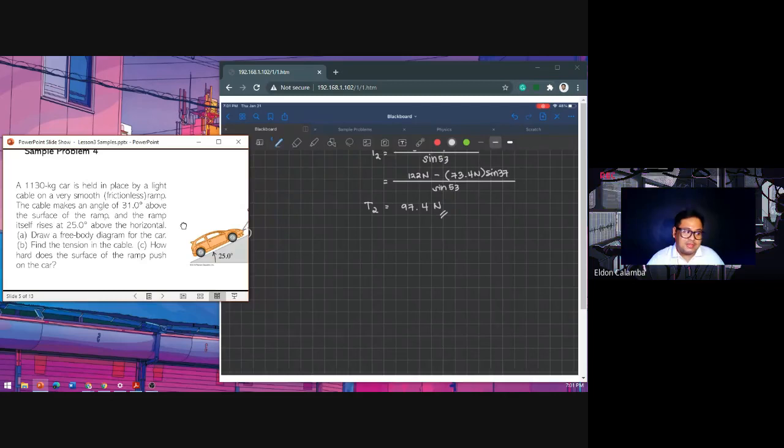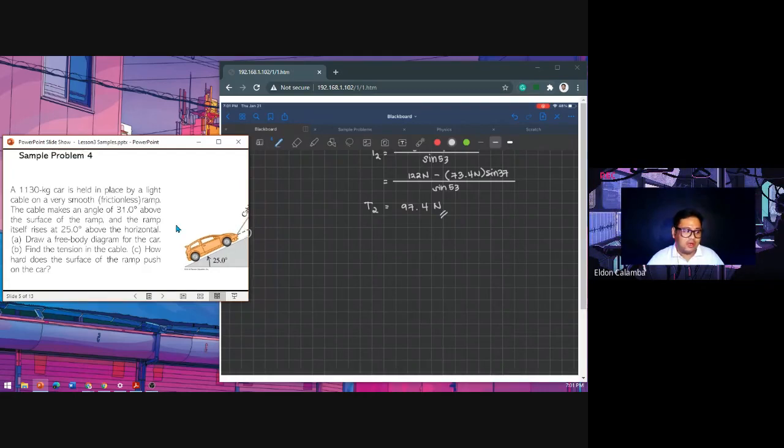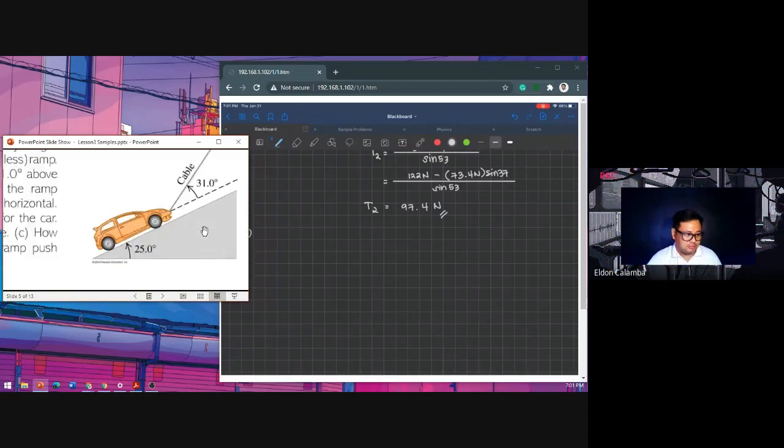The cable makes an angle of 31 degrees above the surface of the ramp, and the ramp itself rises at 25 degrees above the horizontal. Draw the free body diagram for the car. Find the tension in the cable and how hard the surface of the ramp pushes on the car. So FBD, tension, and then the support given by the ramp on the car. So this is our illustration.